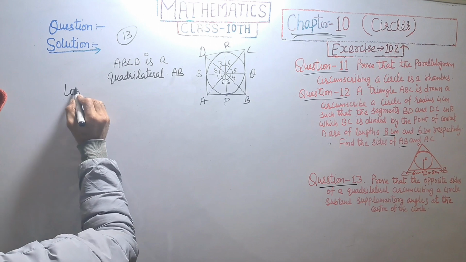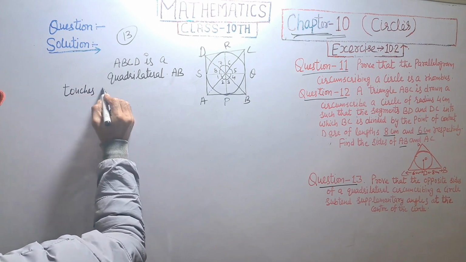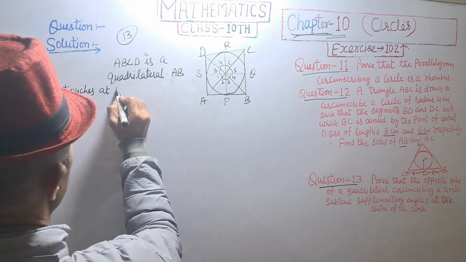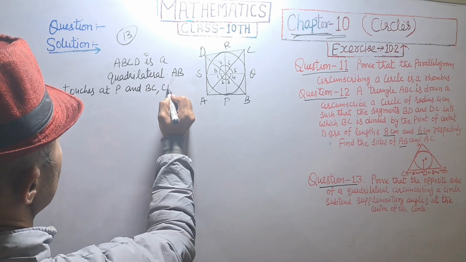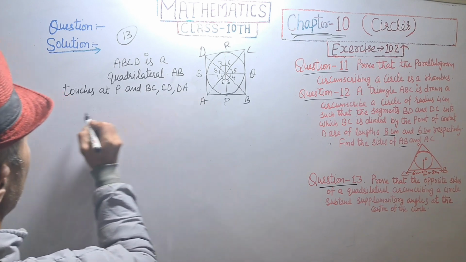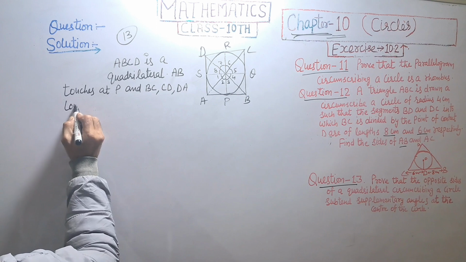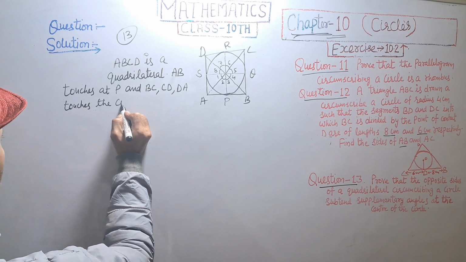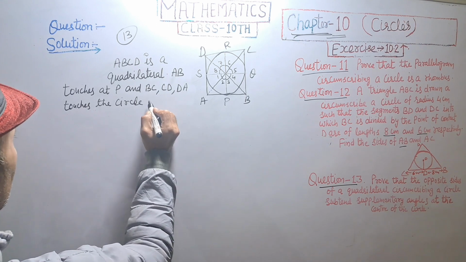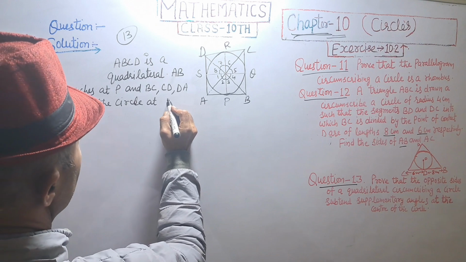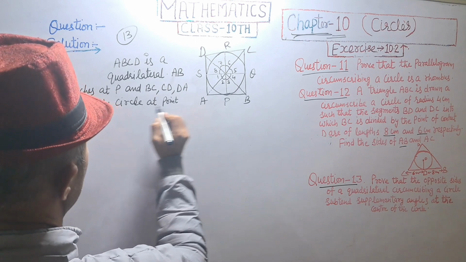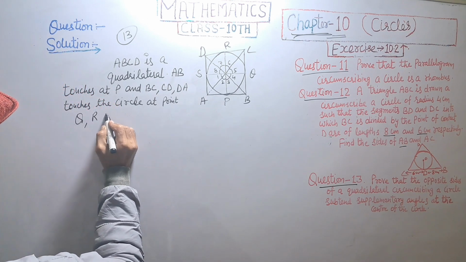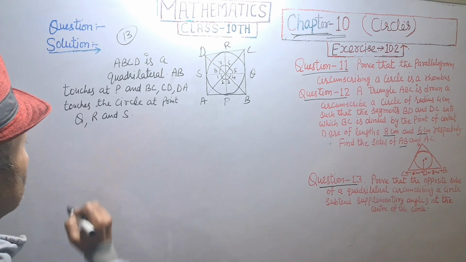AB touches at P, and BC, CD, DA touch the circle at points Q, R, and S.